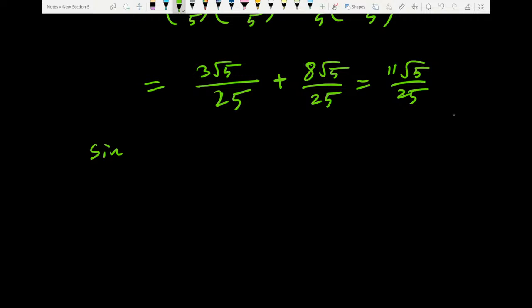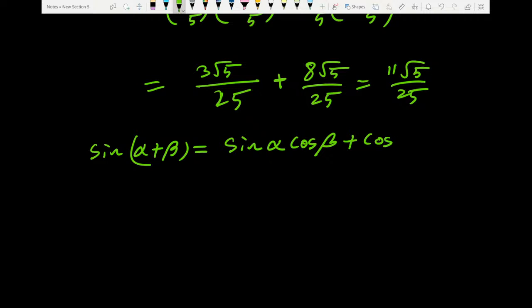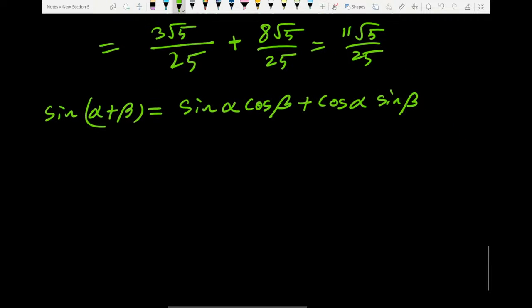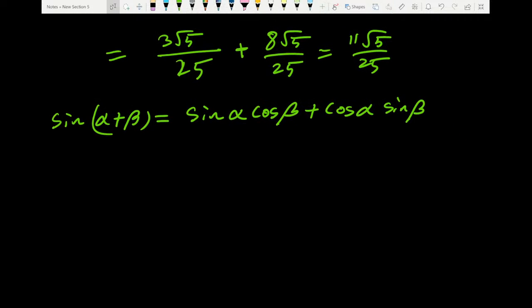Now, what if I ask you what's sine of alpha plus beta? We can expand it. Sine of alpha, cosine of beta, plus cosine of alpha, sine of beta. Sine of alpha is 4/5 times -√5/5.